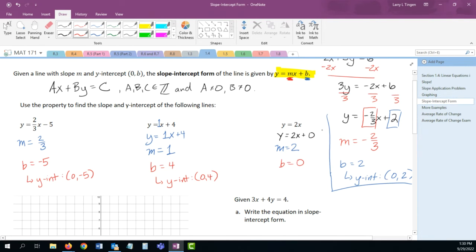Whenever you find that I have a coefficient for the variable, I have my slope, but it doesn't look like I have an intercept, that means b is 0. And when b is 0, I still get a y-intercept. That y-intercept is 0, 0, or the origin. All right? Questions?